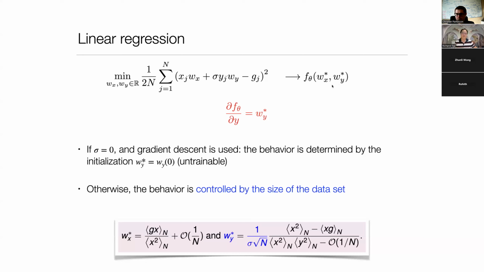Now, the interesting thing is what is the normal derivative of your learning function. In this particular case, what's the partial derivative of your learning function with respect to y? In this simple function, of course, it's related to the parameter w_y star. So why do we ask this question? Suppose we solve this problem and then we want to use it for inference.